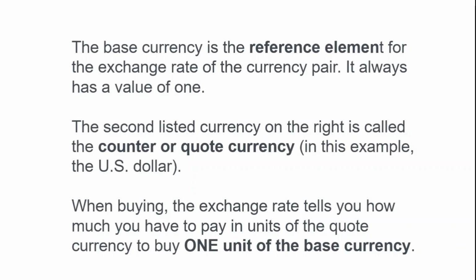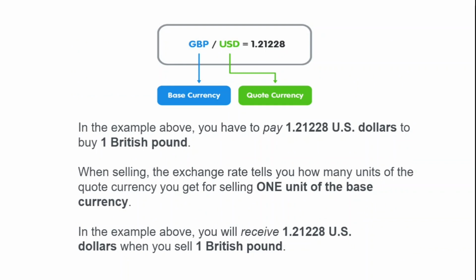When buying, the exchange rate tells you how much you have to pay in units of the quote currency to buy 1 unit of the base currency. The base currency is the first currency before the slash. Okay. So here we are still moving on this example. You have to pay 1.21228 US dollars to buy 1 British pound.